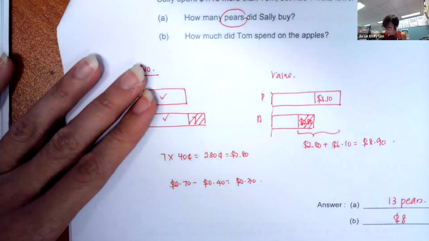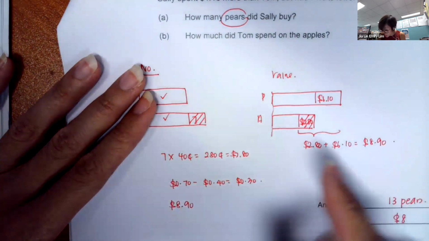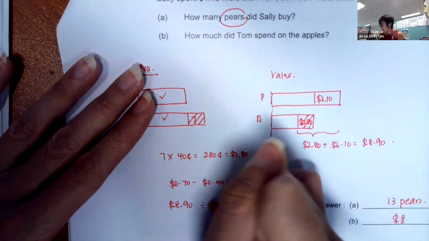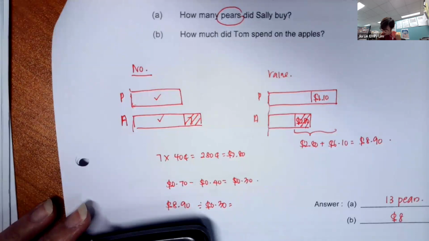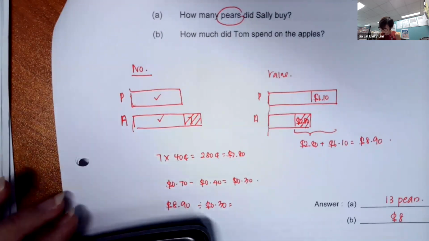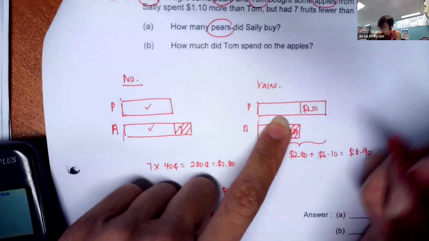Okay, so I'm going to take the difference and divide by groups of 30 cents. Sorry guys, this should be $1.10.